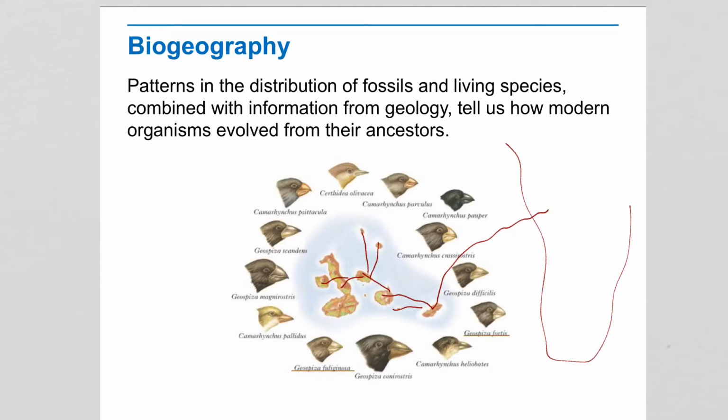That leads us to one of our vocab words, biogeography. Basically, that says that the patterns of how fossils are distributed in living species, combined with information from geology, can tell us how modern organisms evolved from their ancestors.